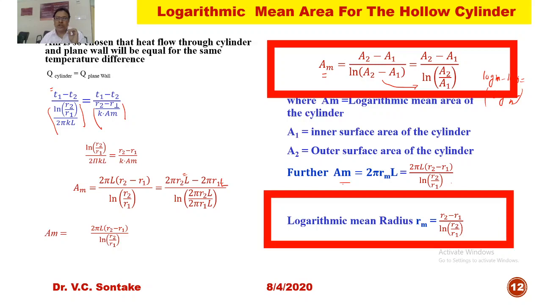So this will give you logarithmic mean area and this will give you logarithmic mean radius for hollow cylinder.